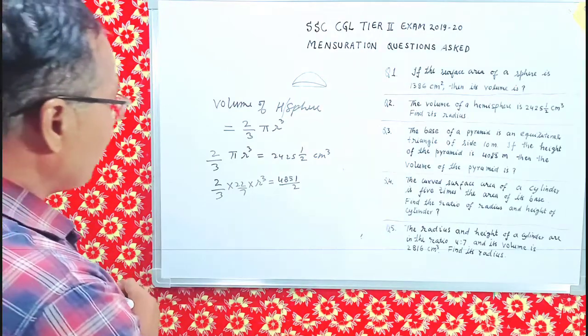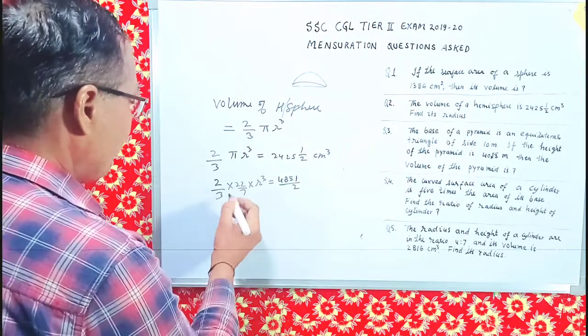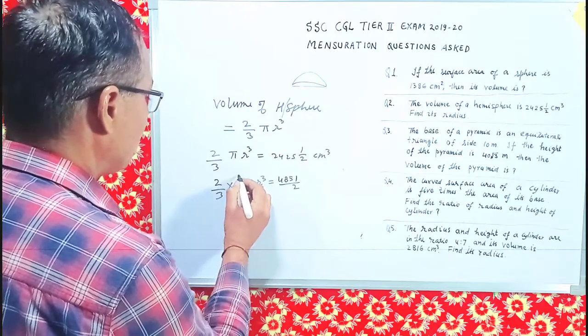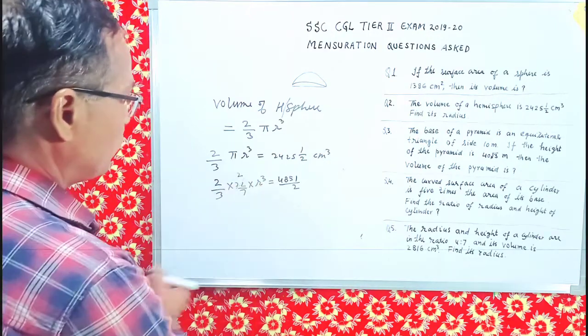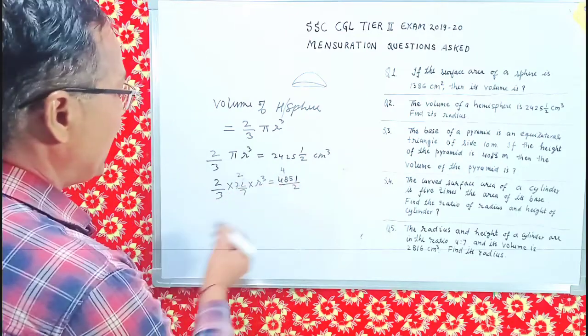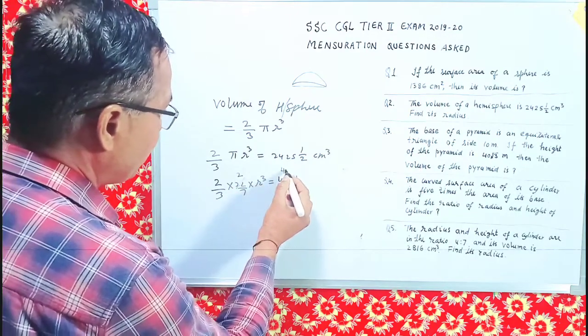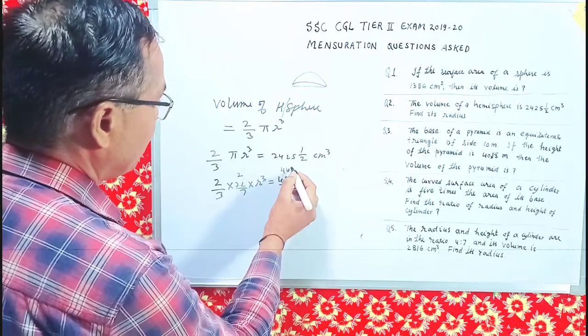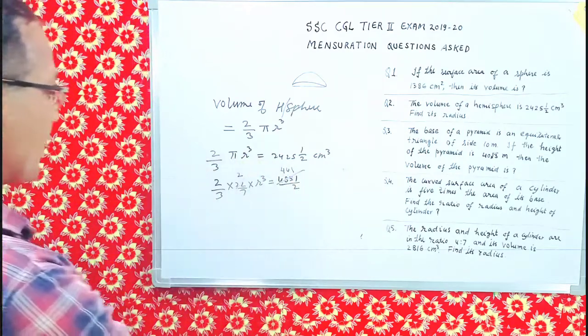Now by 11 we can cut this 22. 11 to the 22. 11 4 the 44, left over 4. So 11 4 the 44. 11 1 the 11.